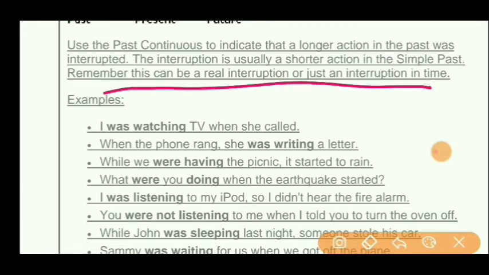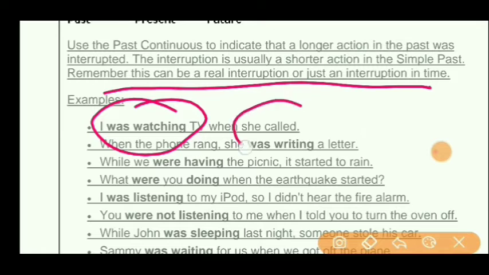Now see some examples. I was watching TV when she called. So again, watching TV is a longer action. You know very well that when somebody sits to watch TV, normally he or she takes 30 minutes, 40 minutes or an hour.